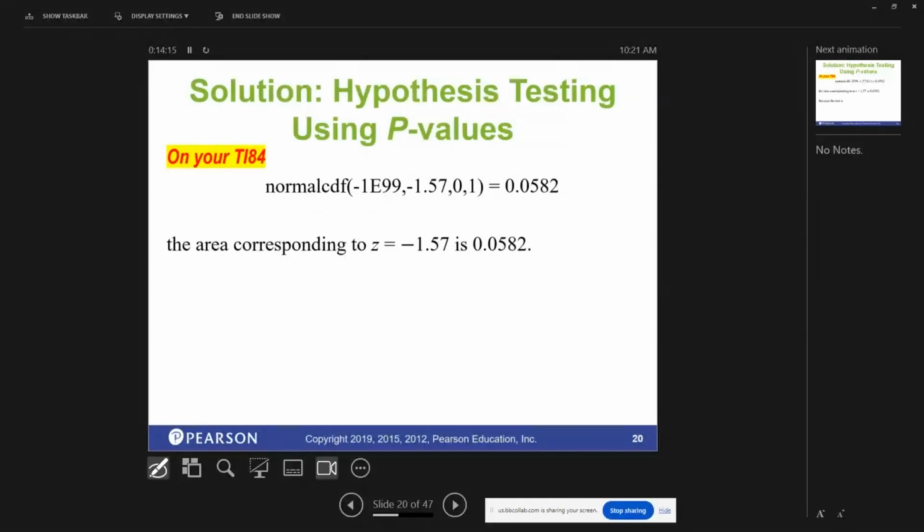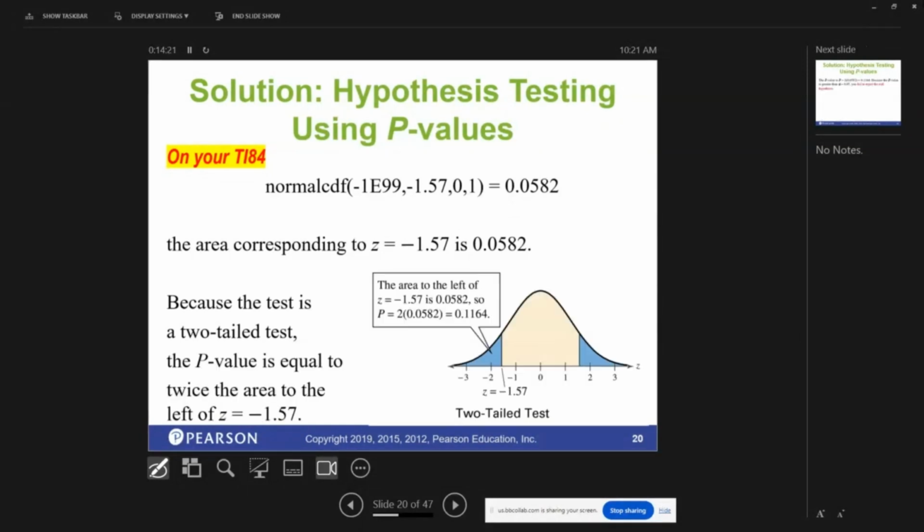Okay, so since this time my Z value is negative 1.57, here's what we've got. Since it's a negative, that's the tail that I'm going to be finding the area of. But then it's two-tailed, so I need to multiply by 2.